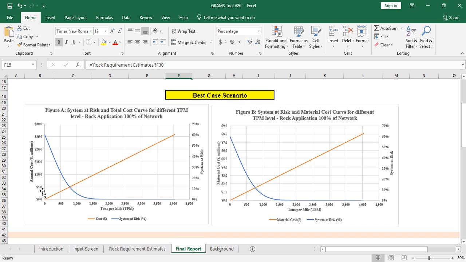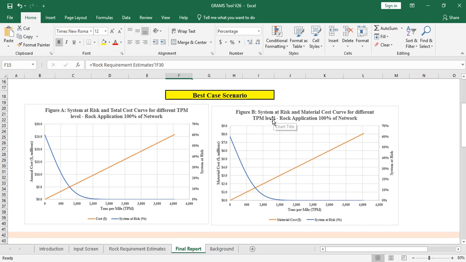It's about $2.5 million. And we go straight up. We hit this yellow line that shows about 30% of the roadway system will be at risk. And this shows the risk and total cost curve for different TPM levels.